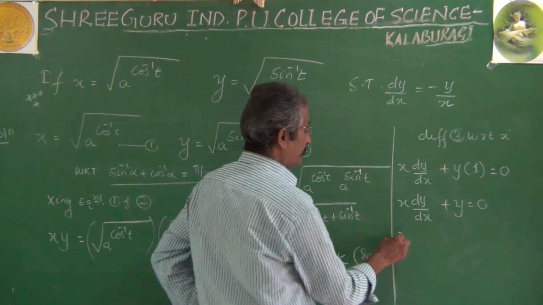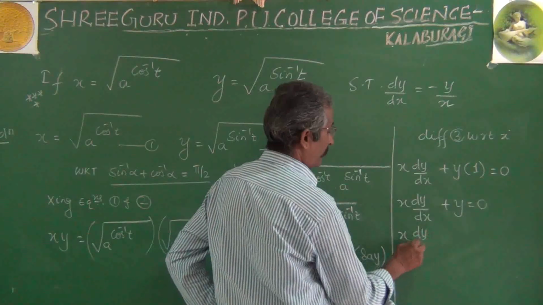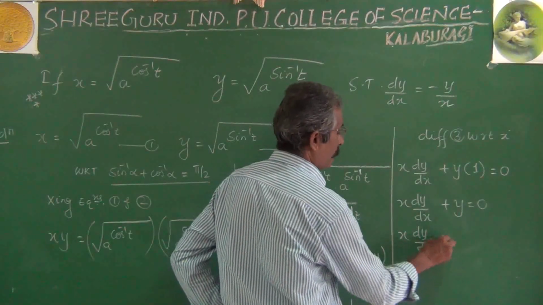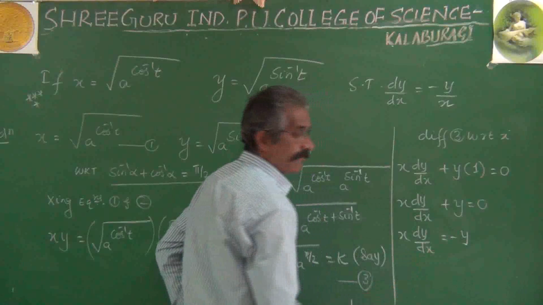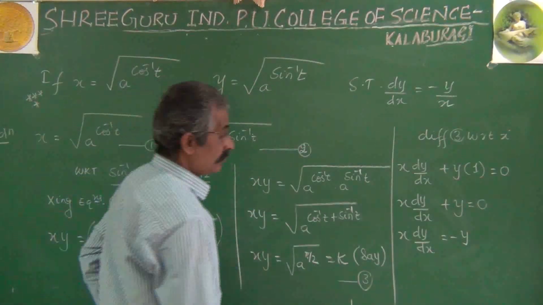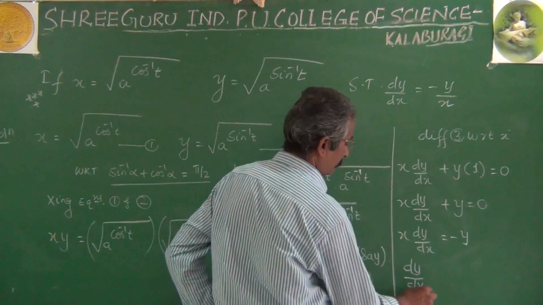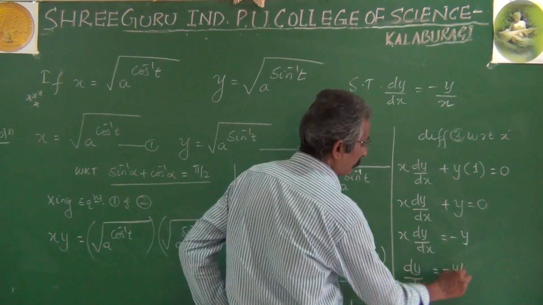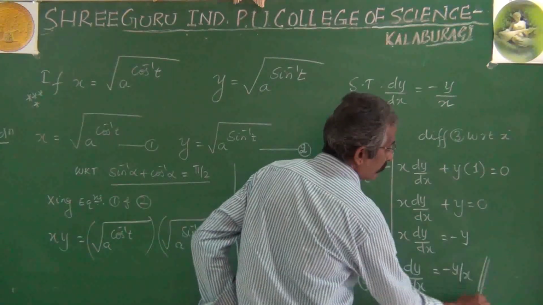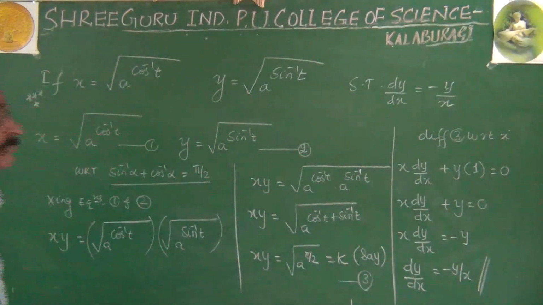Or x dy by dx equals minus y. Hence, dy by dx equals minus y by x. That's the required answer.